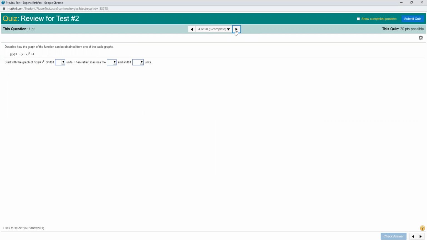All right, then this would be one of the last ones where we had to do these graphs. So I'm going to write this one down, and I'll show you what I would do to this. So I got a g of x equals negative x minus 7 squared plus a 4.